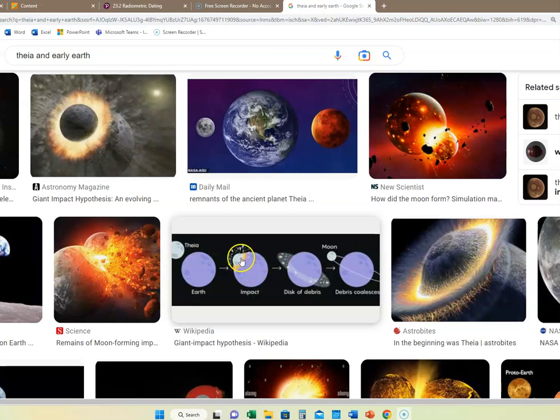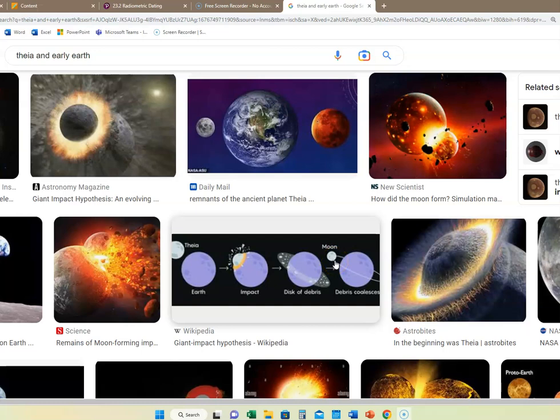So this is the impact of Theia. This is an artist rendition of it, of course, and the material that was this little tiny planet, roughly the size of Mars, coalesces around the Earth. It takes a certain amount of time for that to happen, and then eventually becomes our moon. Right? That's the idea.